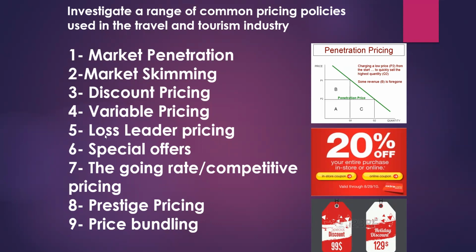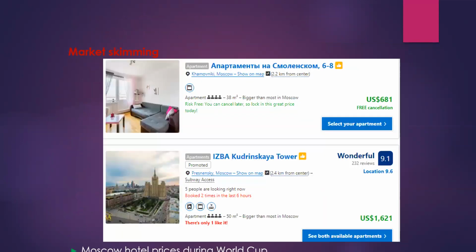Then we have the factors that determine pricing policies. As you can see here, market skimming. Okay, new, make it low first. Okay, Moscow hotel prices during the World Cup.